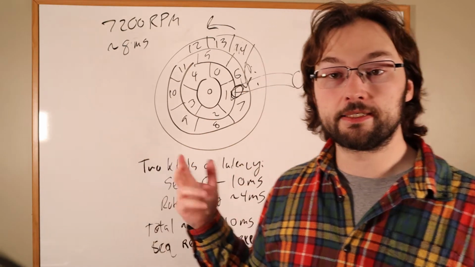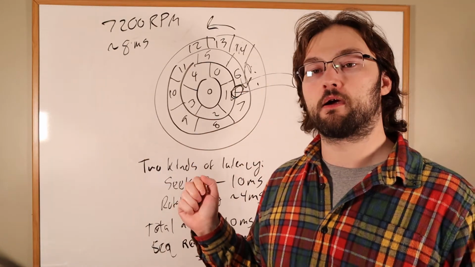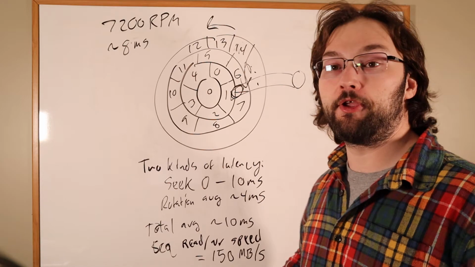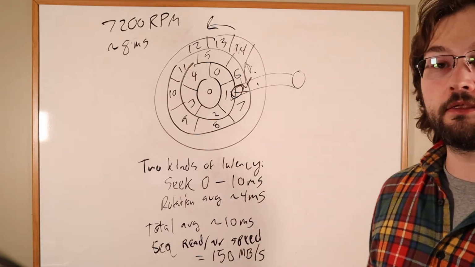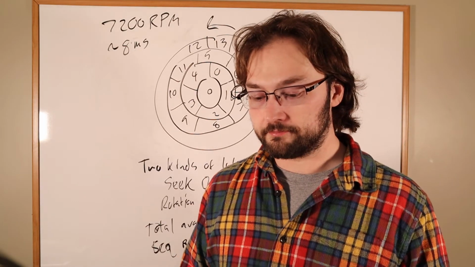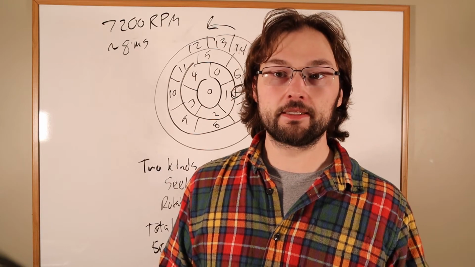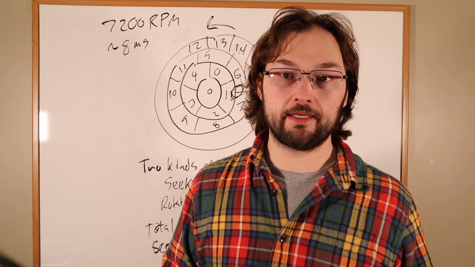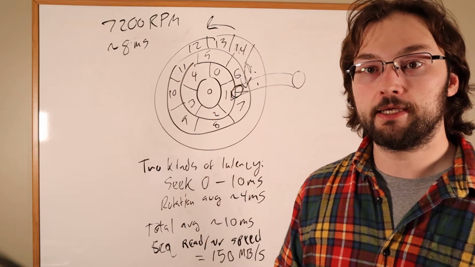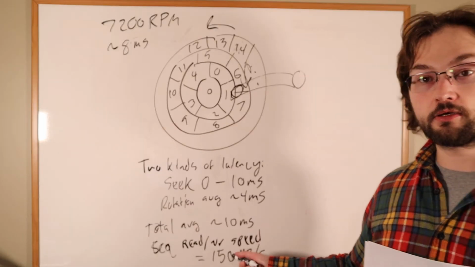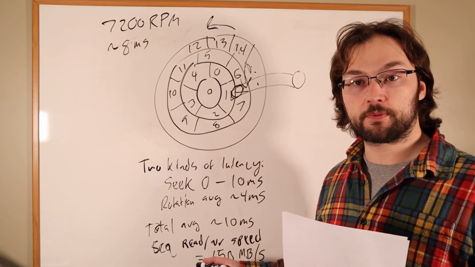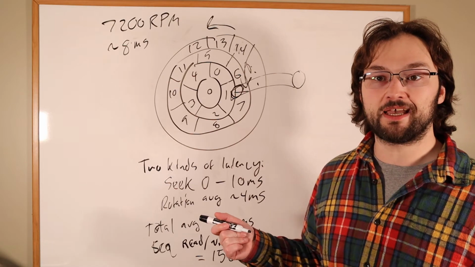There's no rotational latency really either. That rotational latency is built into the read speed that we're looking at. So what that means is that if we want to do a sequential read of 150 megabytes, our disk reads at 150 megabytes per second, so it's going to take 1 second.